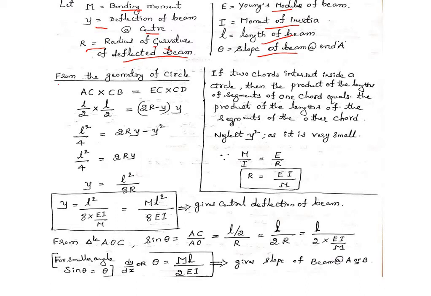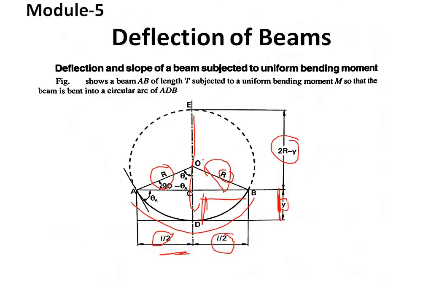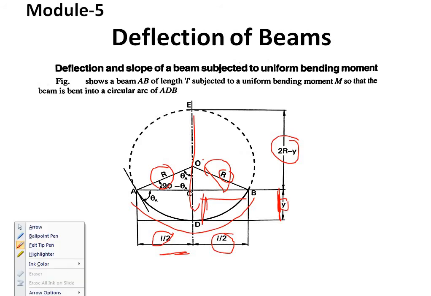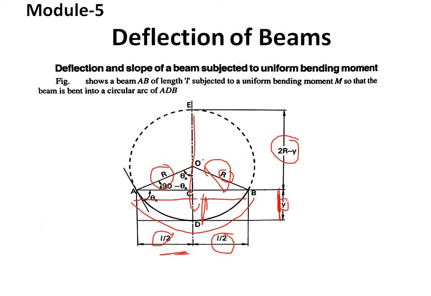The derivation of this starts from the geometry of the circle. From the geometry of the circle, AC into CB equals EC into CD.